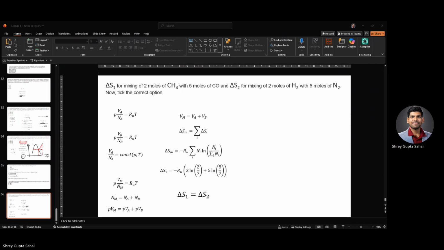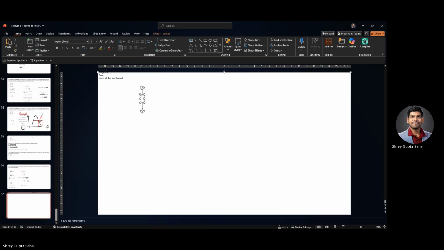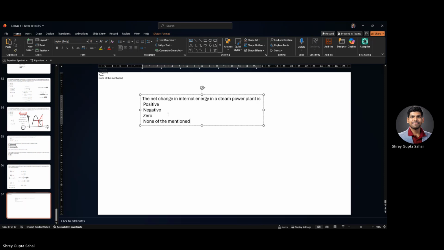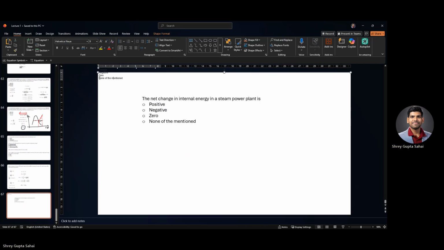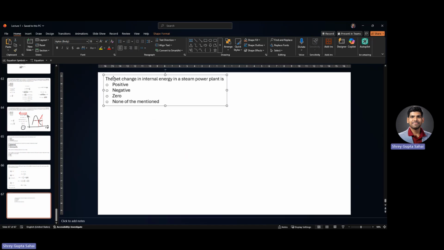Okay. Let's move to the next question. Just quickly note the answer of this. Correct answer here is 0 because this is a cyclic process. That's it.